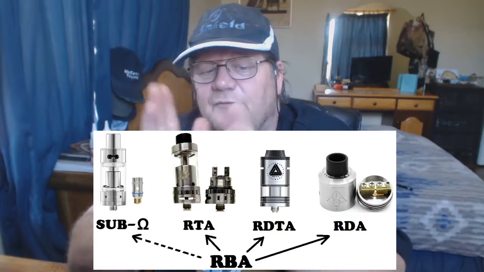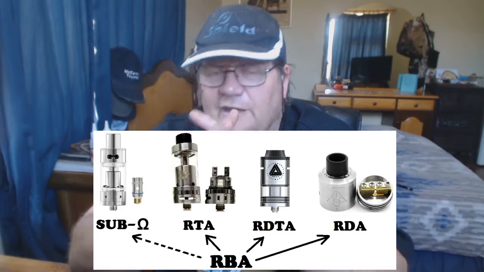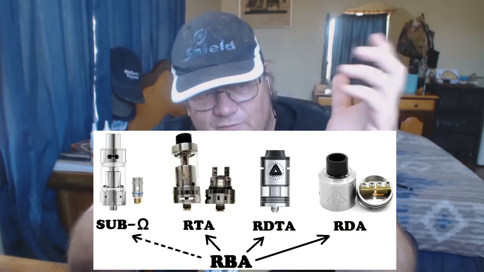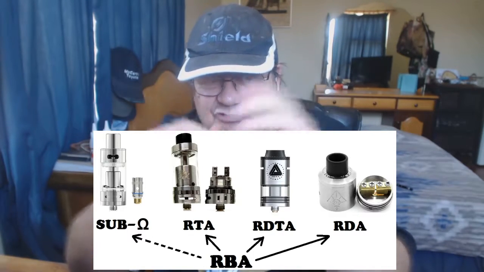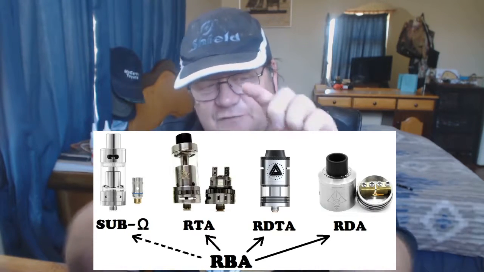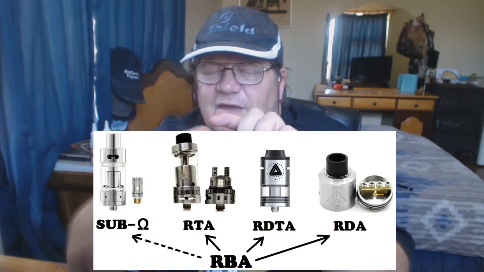So RTA: rebuildable tank atomizer. If you look at that sketch over there, you'll see there's a portion where you can actually fill your juice, and the capacities differ, 2.5 to 5 mils, but it's nice. You've got an atomizer which has got liquid inside of it, and the nice thing about it is it's rebuildable. That's what the R stands for.